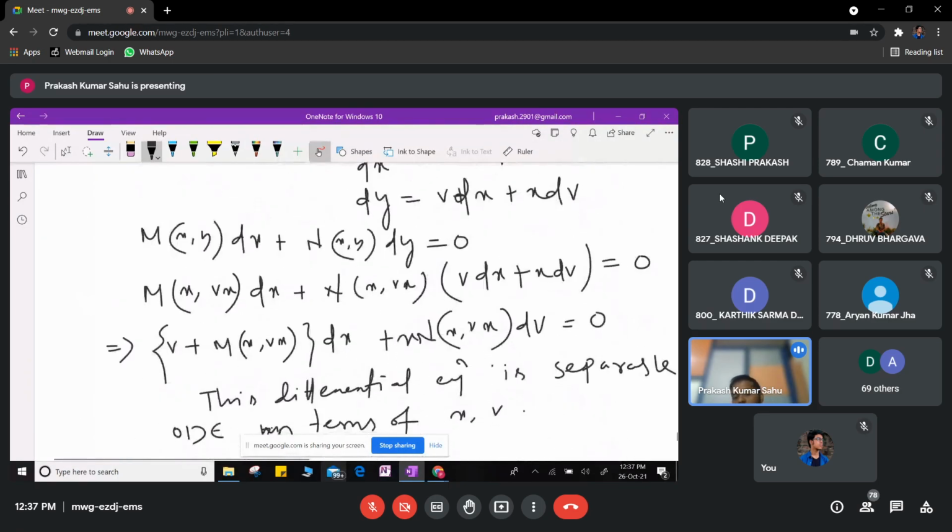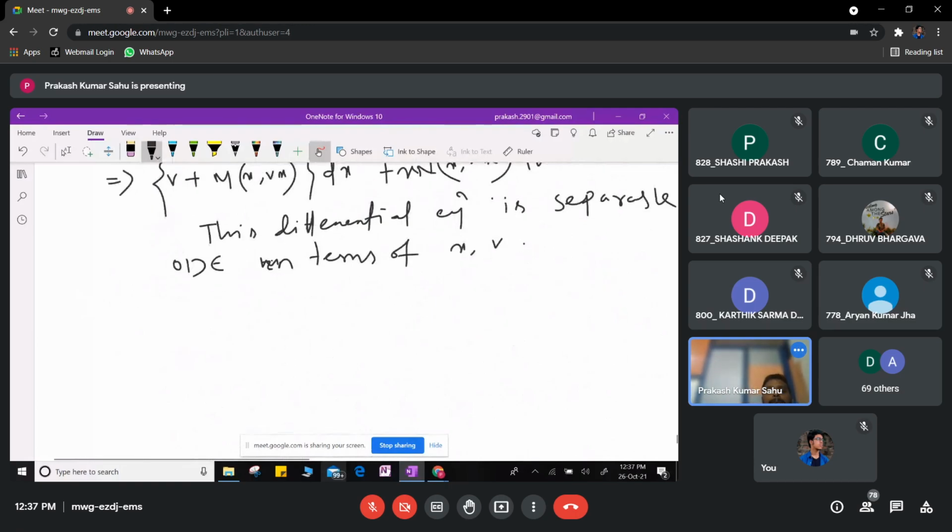So for example, suppose I'm writing f of x, y. First you write a homogeneous function.